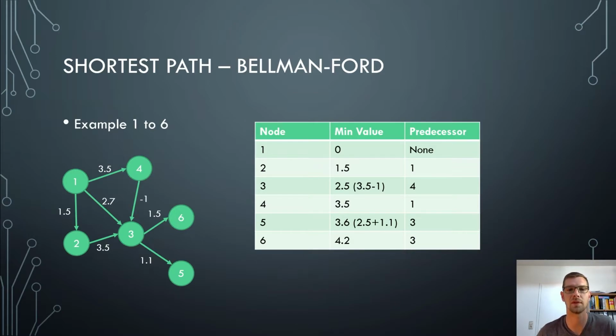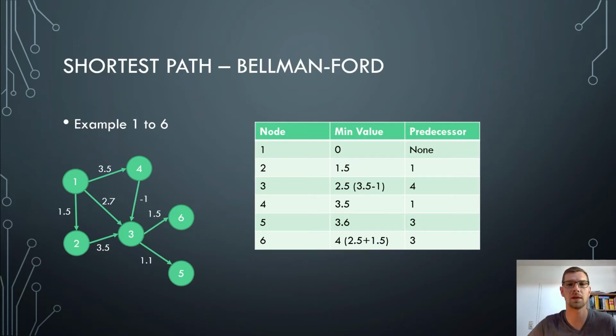And then we have to do the same for the node 6, where the new value of node 3 is 2.5 plus 1.5, which is what it was before. We have a value of 4 now, and the predecessor stays 3.